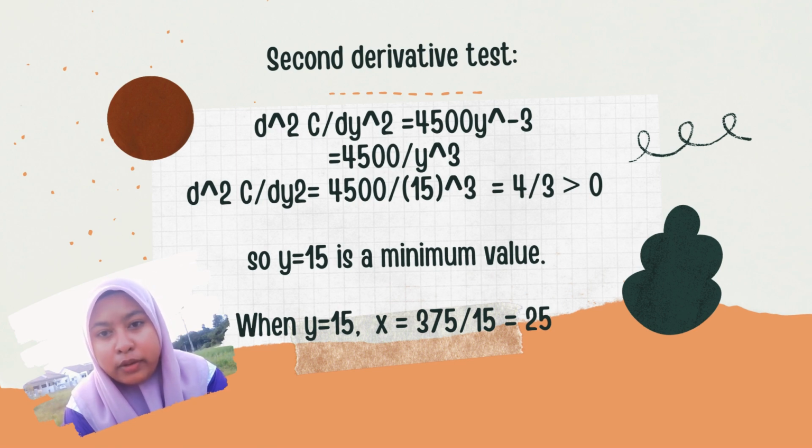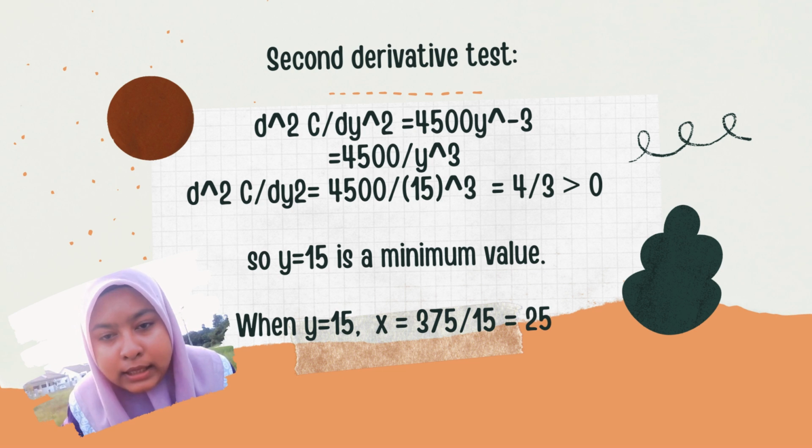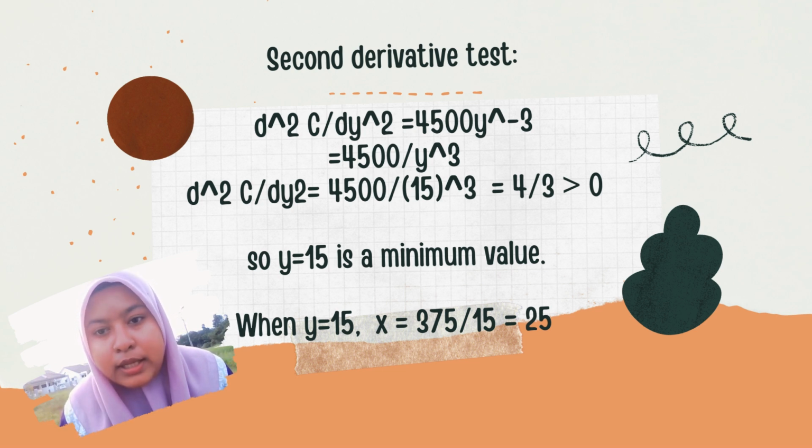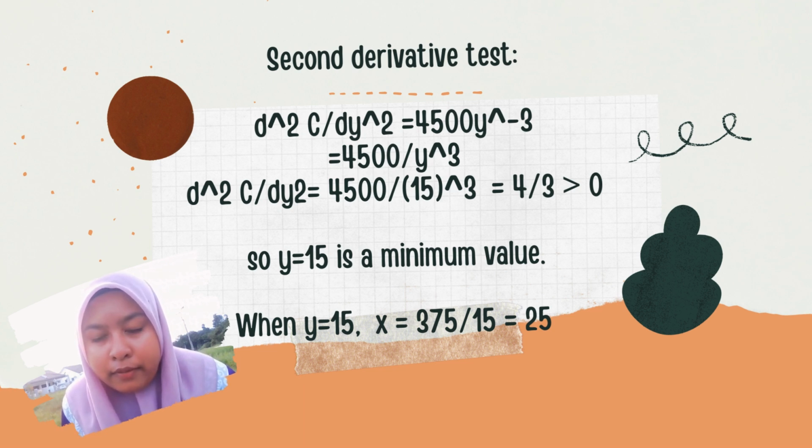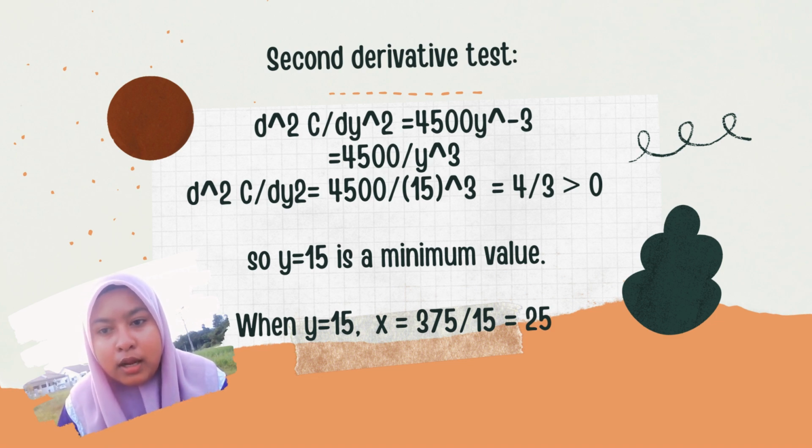Now we go to the second derivative test. First, d power of 2 c over dy power of 2 equals 4500 y to the power of negative 3, which equals 4500 over y to the power of 3. Next, d power of 2 c over dy power of 2 equals 4500 over 15 to the power of 3, which equals 4 over 3, greater than 0.